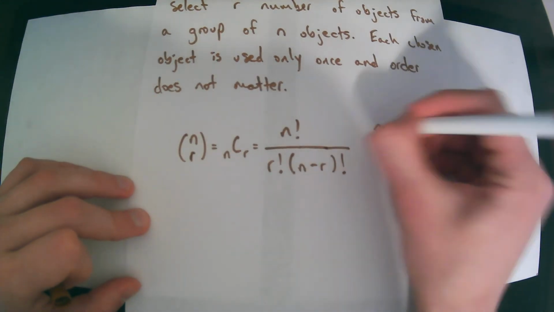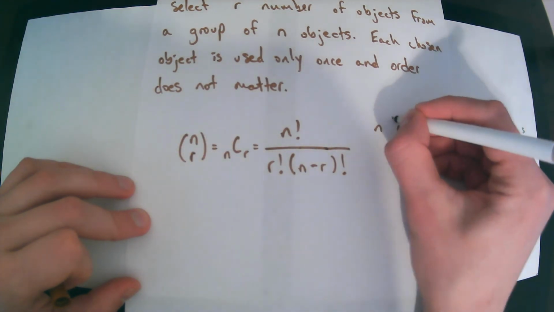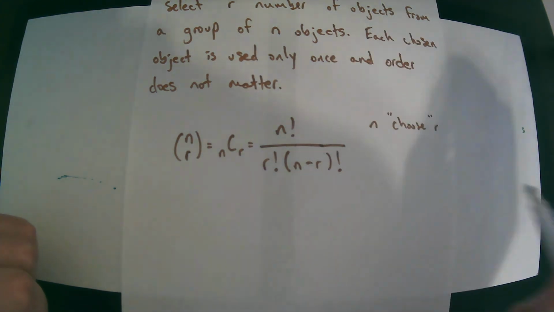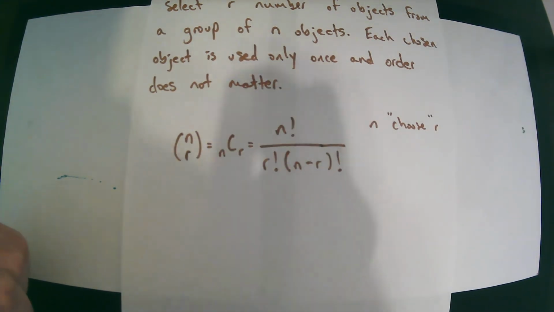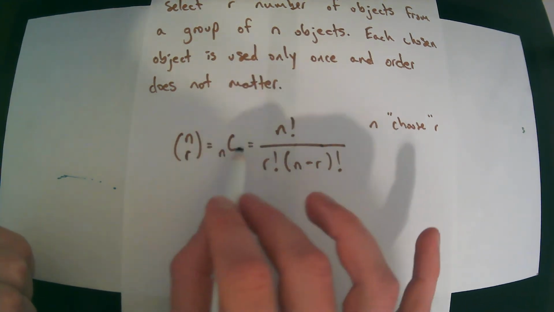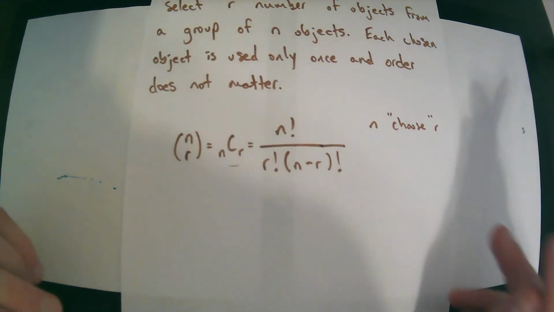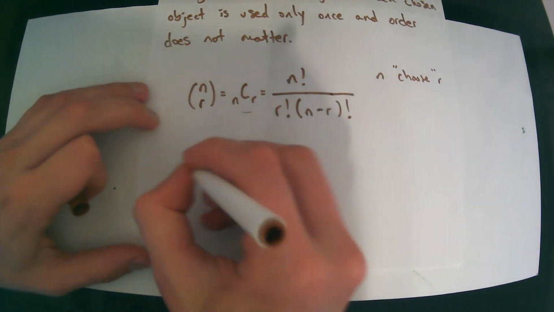I'll write that down. n choose r. So if I wanted to do like 7 choose 5, in my calculator, the one I have, you would have to hit the number 7, then this button, and then the number 5, and then equals. But everyone's calculator is going to be a little different. What would that be, by the way?